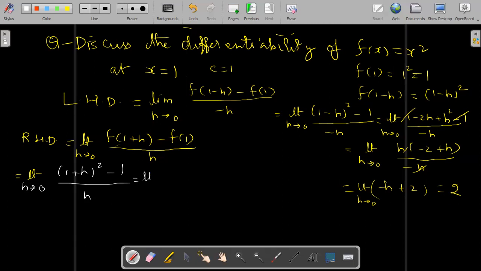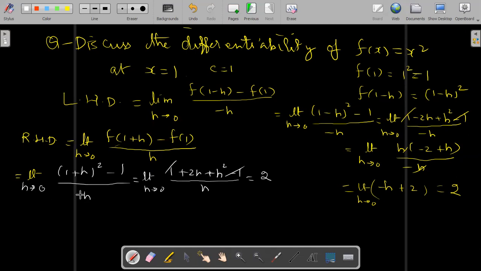So limit h tending to 0 of (1 square plus 2h plus h square minus 1) divided by h. The 1 and minus 1 cancel, h is taken common, and then you put the value of h, you will get 2 again.